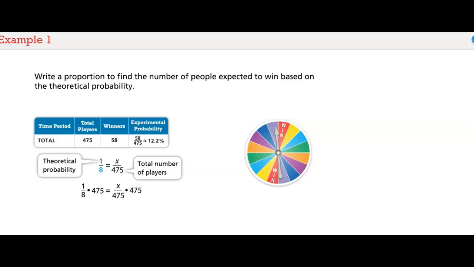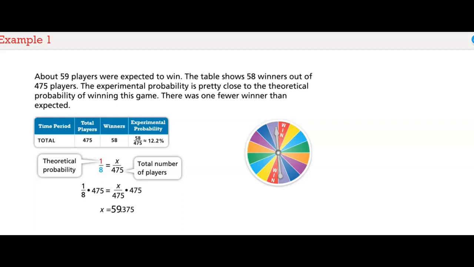Multiply both sides of the equation by 475. Then simplify. About 59 players were expected to win. The table shows 58 winners out of 475 players. The experimental probability is pretty close to the theoretical probability of winning this game. There was one fewer winner than expected.